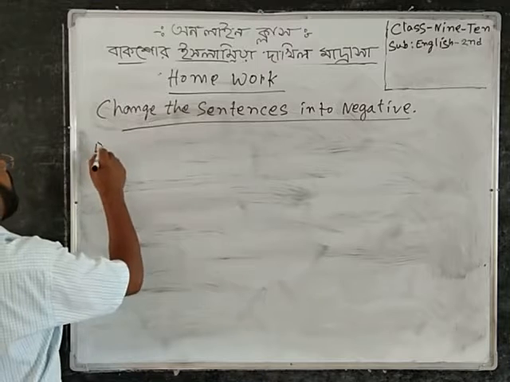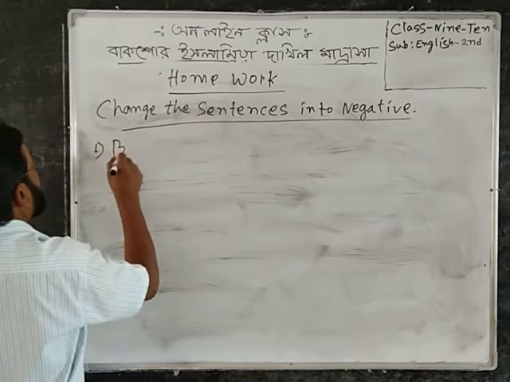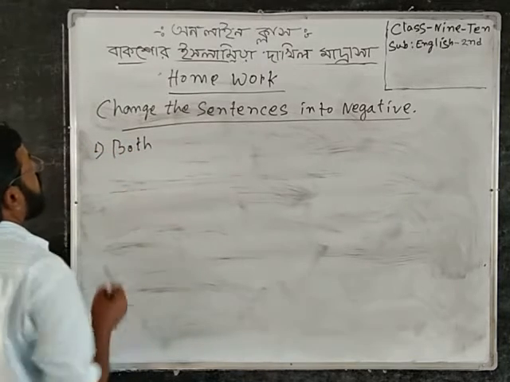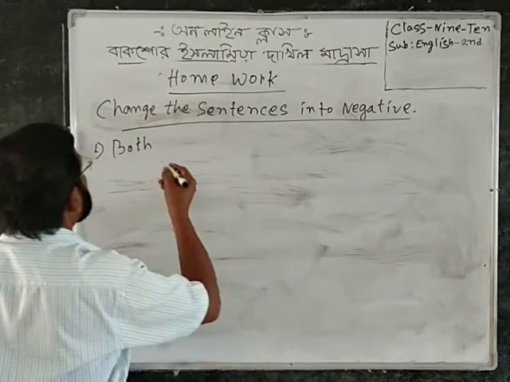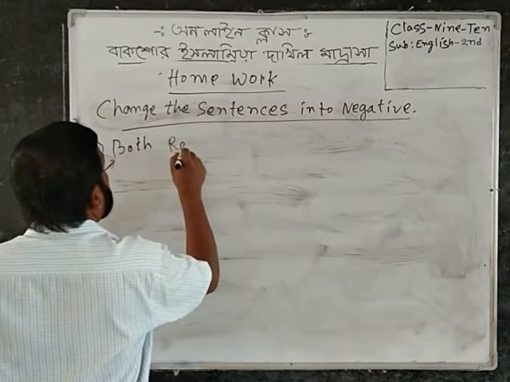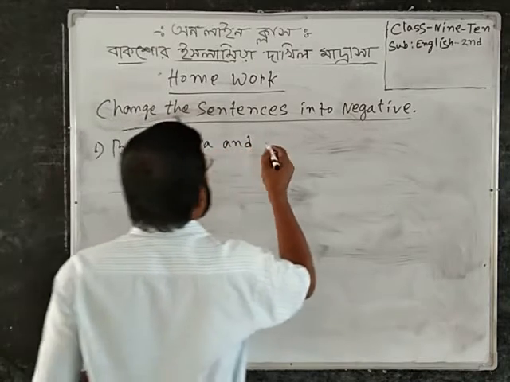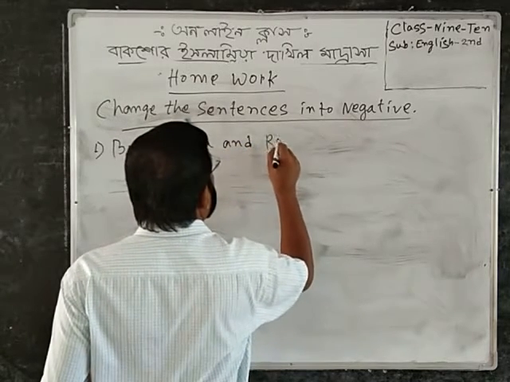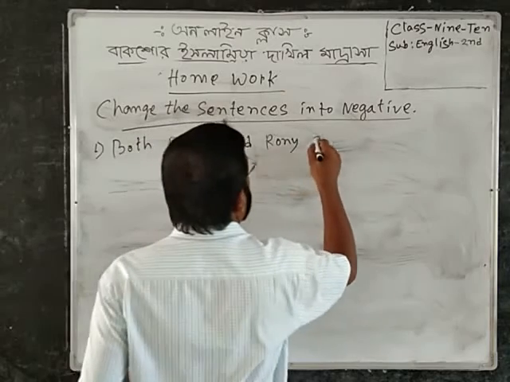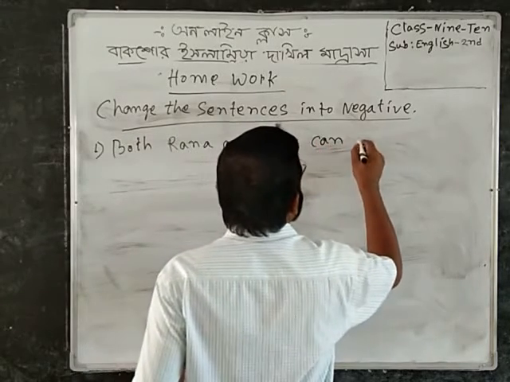Number 1: Both Rana and Ronnie can swim.